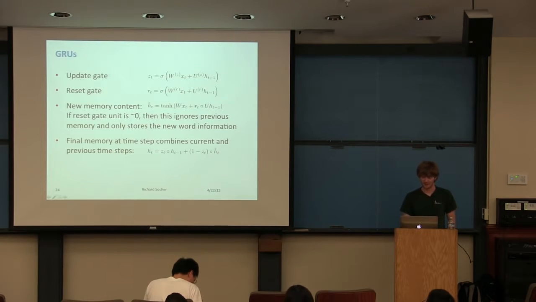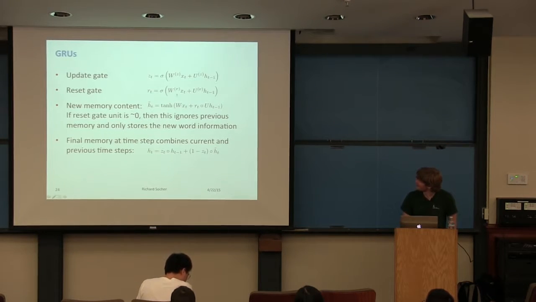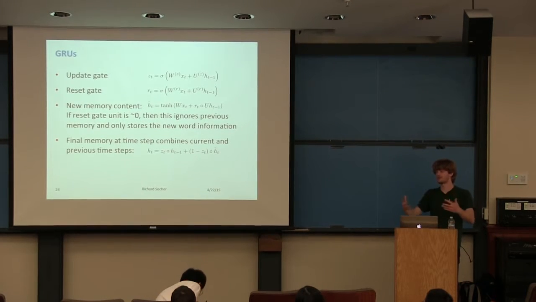Basically here, without this R, HT would be computed exactly the same as these two. Just, again, the word vector is one input, and the previous hidden state is another one. But now the reset gate allows you to potentially ignore the previous memory entirely and only store information that comes from the word vector.